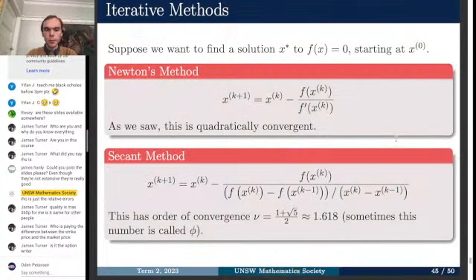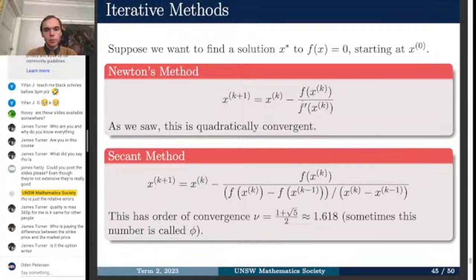So this is just a summary of some different iterative methods. Newton's method, which we just saw, uses the value of the function at the current iterate and the derivative of the function at the current iterate, and this has quadratic convergence.